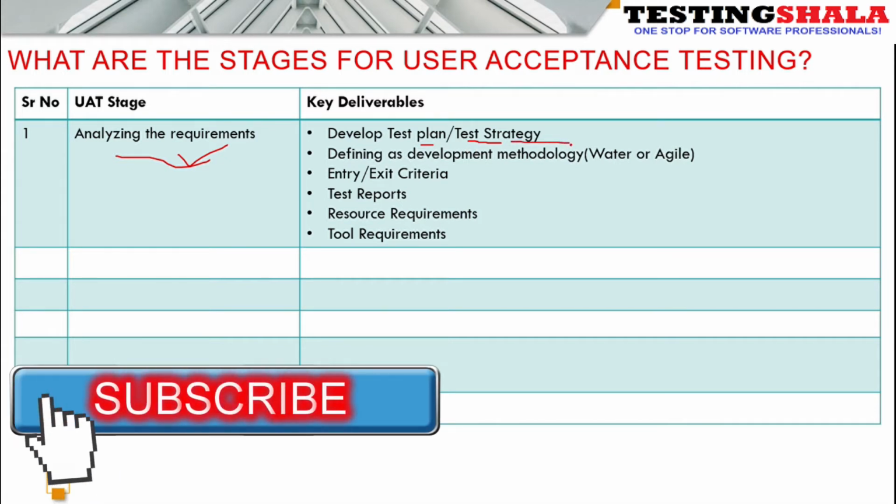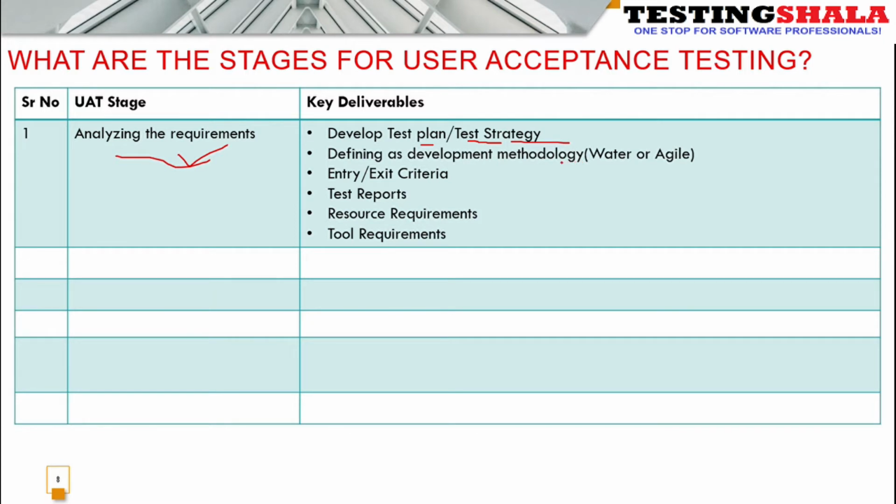The second thing we do is define what kind of development methodology we will adopt for this kind of requirement, whether we will go for the waterfall model or an agile model. We make that decision as part of this analysis.